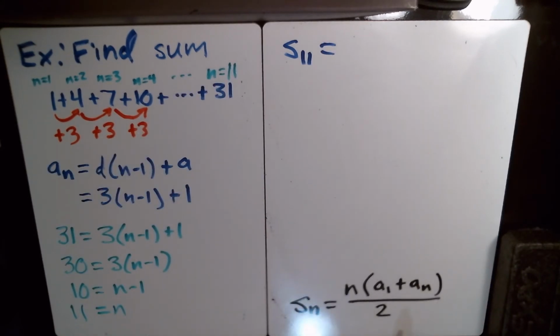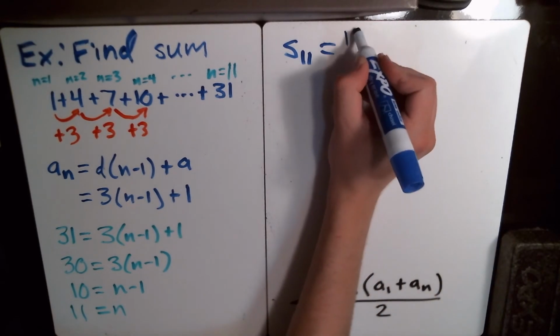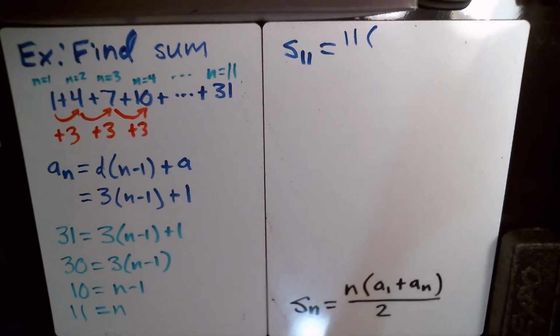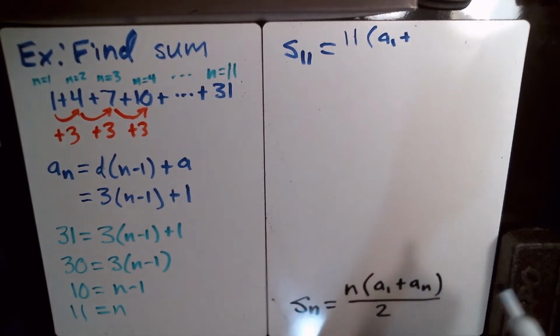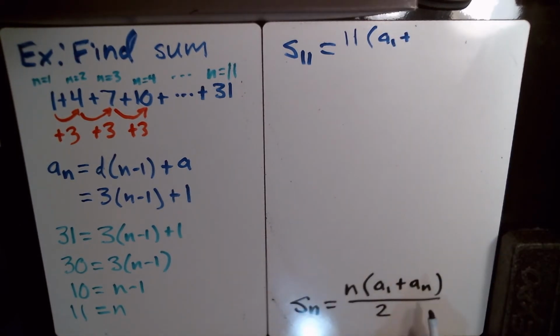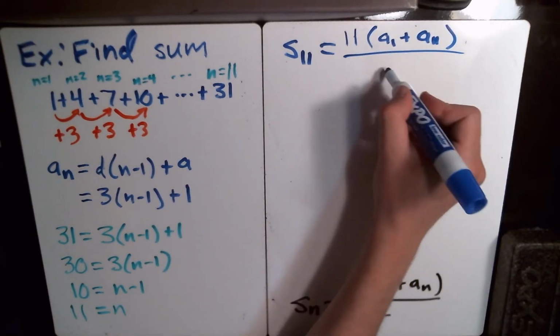S sub n is n times a1 plus an, divided by 2. So n is 11, so we plug that in. So 11 times a1 plus, well, n is 11, so a11, divided by 2.